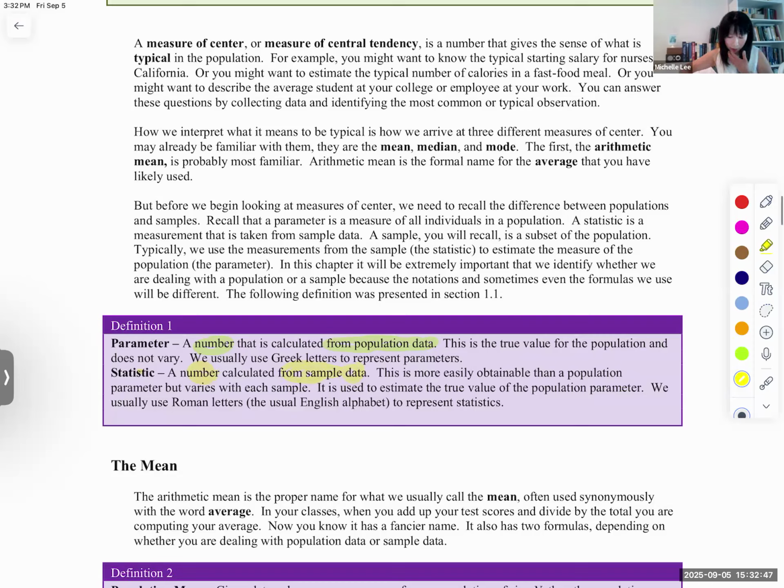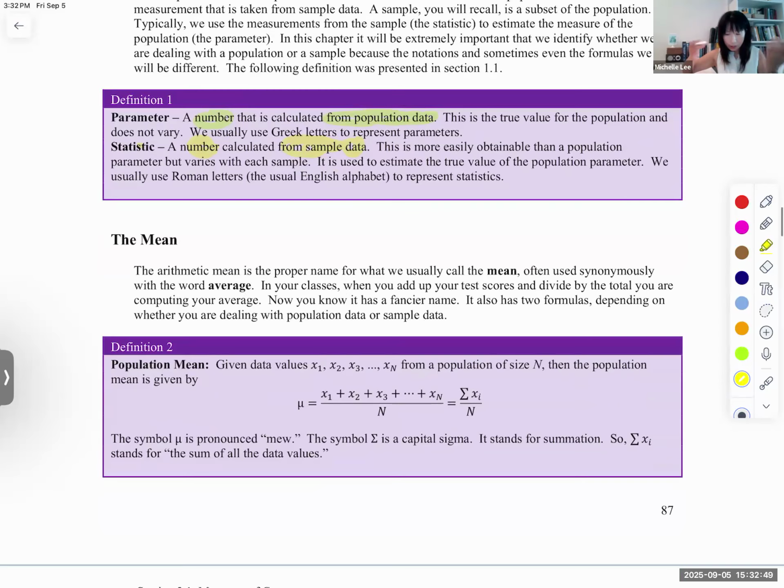We have the mean, which is average. Then population data first, which is the population mean.